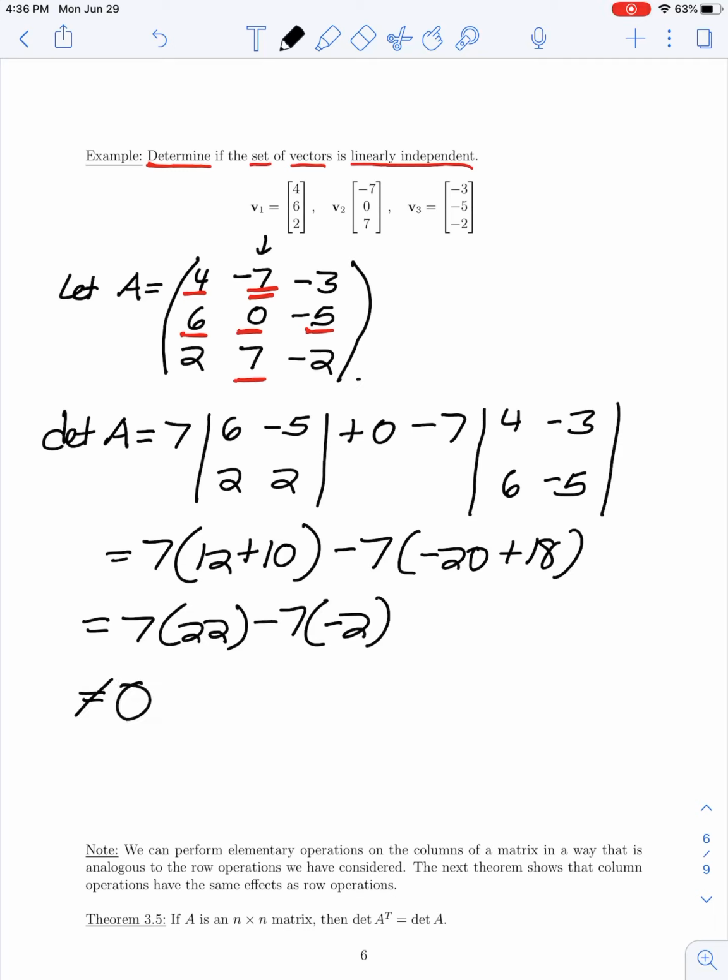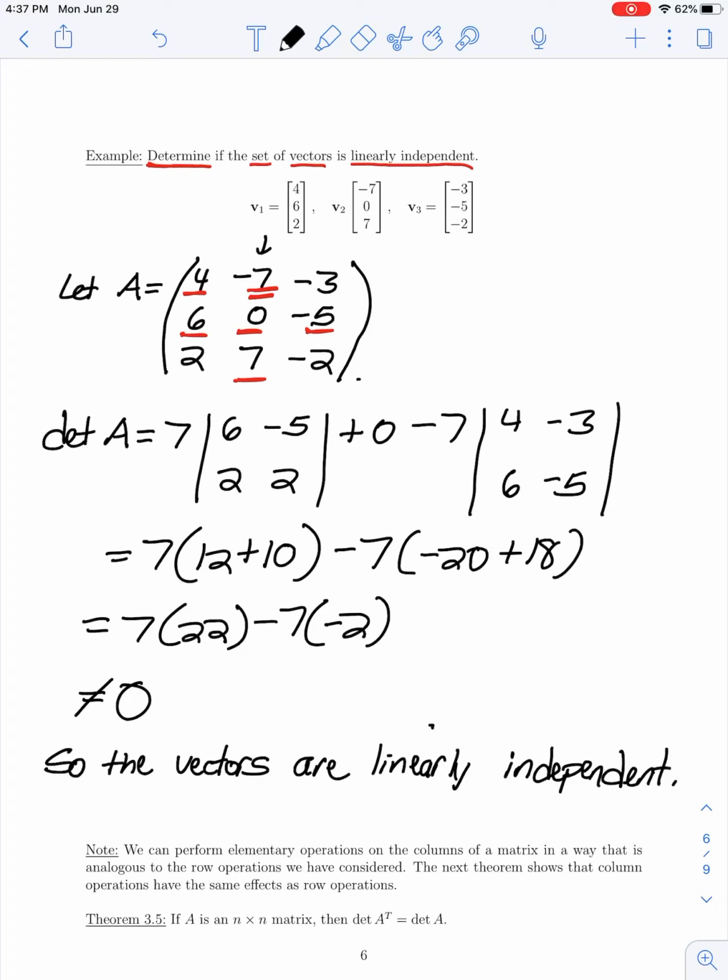Whatever this works out to, certainly we know it's non-zero, which is all we care about for linear independence. So since the determinant of A is non-zero, we can say the columns of A, which were the vectors, are linearly independent. They would be linearly dependent if and only if that determinant was 0.